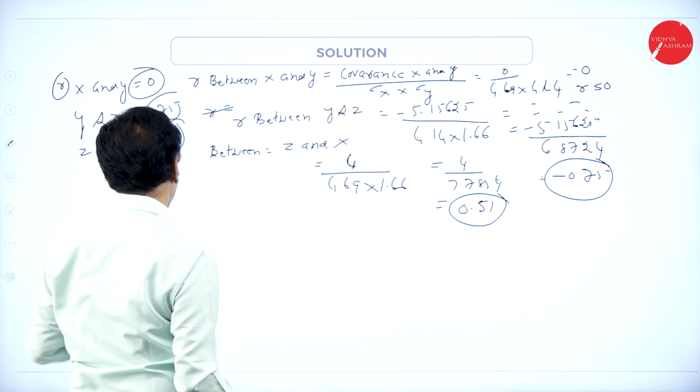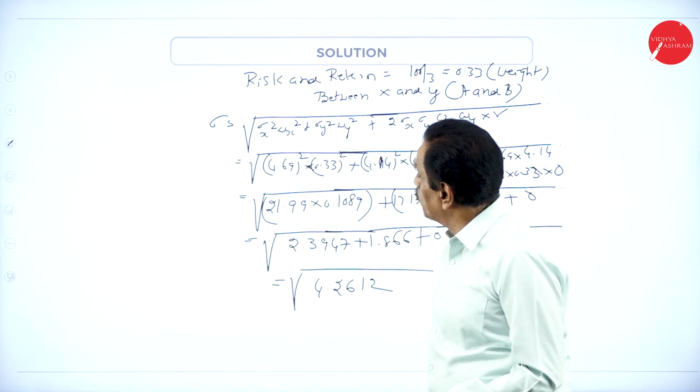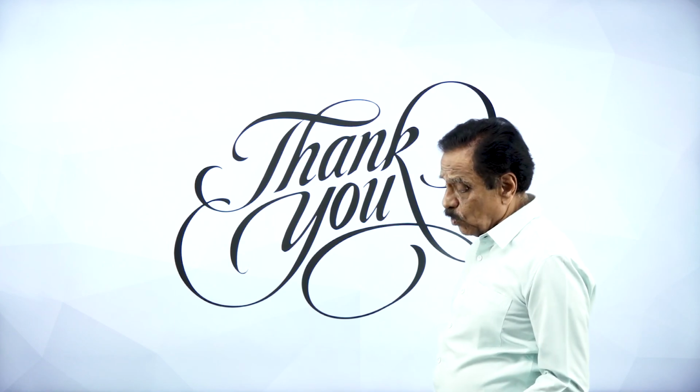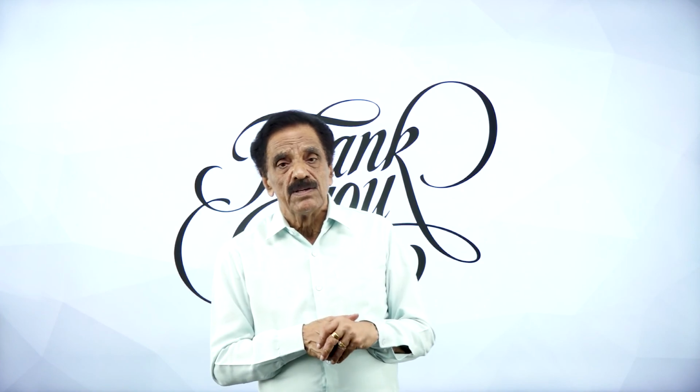Y and Z is minus 0.75, 0.51. So a very, very lengthy problem. We have solved slowly. Hope you understand. We have solved the entire lot. Two securities and three securities are considered here. So we have solved all the problems here.